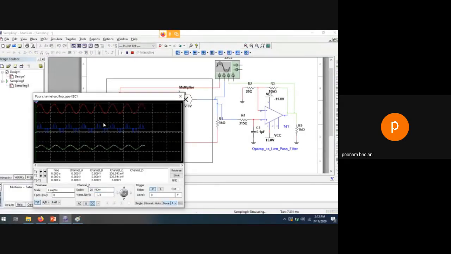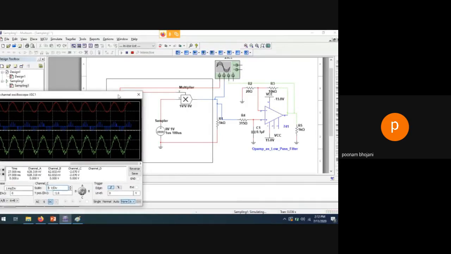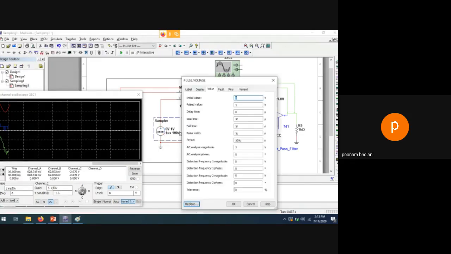Okay, see, you are getting the reconstruction, but some problems are there, right? If you want to reduce this type of problem, you can increase or decrease the sampling frequency and check. It is not a smooth waveform, but if you make it 50, as I did previously, right? If you make it 50 microsecond, you will get a properly smoothed signal at the output side.